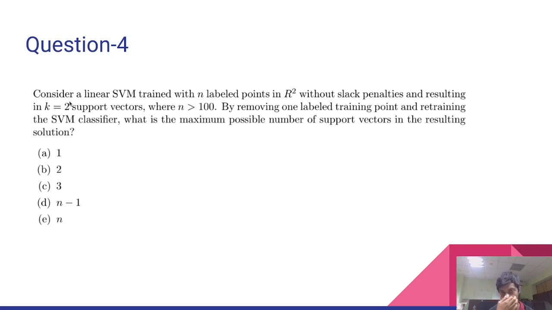Suppose you have 150 points and you remove one point, and then train the classifier again. What can be the maximum possible number of support vectors? You have n points, you remove one of them and train the model again.